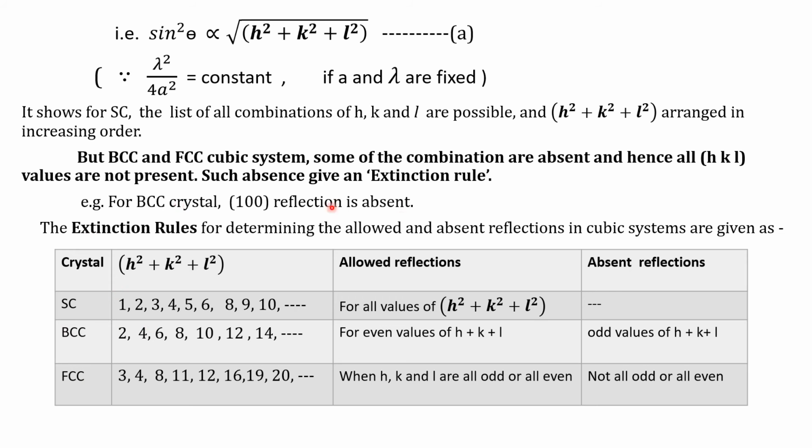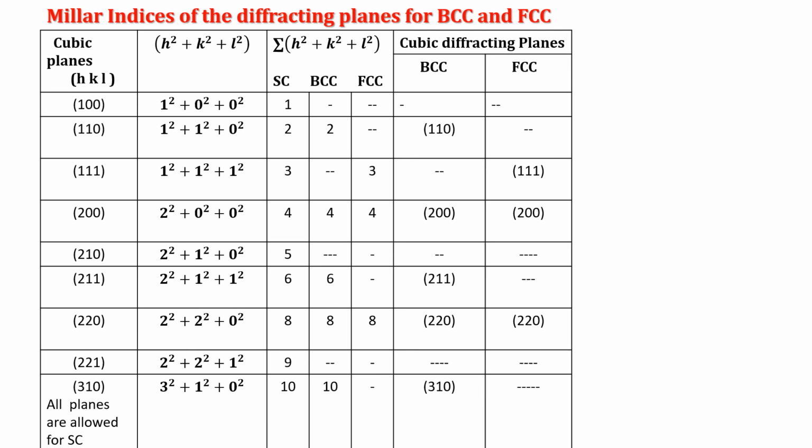For example, let us look at another slide. See here, these are the Miller indices of the diffracting planes for BCC and FCC, all in increasing order. Here for the cubic planes hkl, 1, 0, 0: if we take the squares we get 1; 1, 1, 0 gives 2; 1, 1, 1 gives 3.